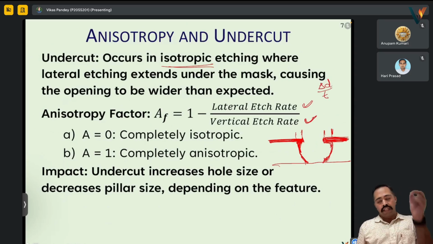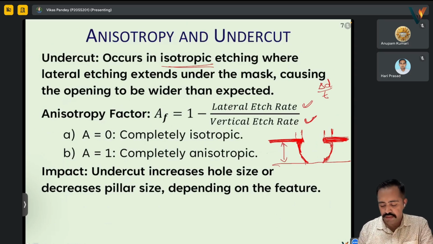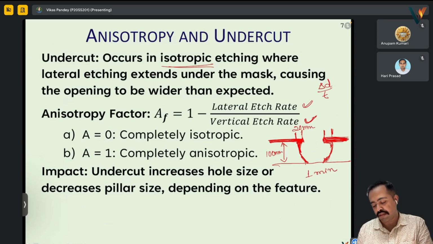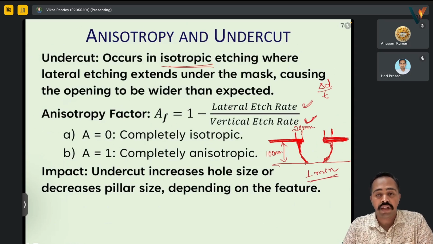So say in this case, this depth is 100 nanometer and this undercut is say 20 nanometer, so 20 this side. Say this structure was made in 1 minute.